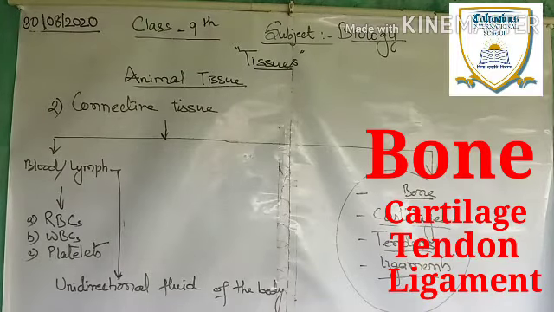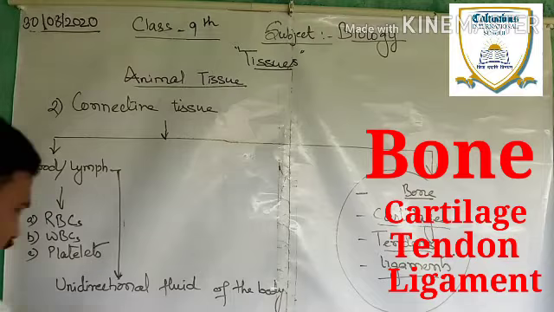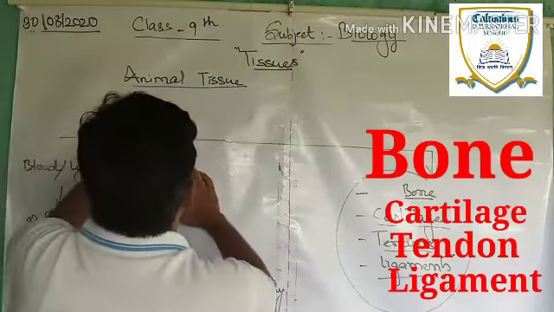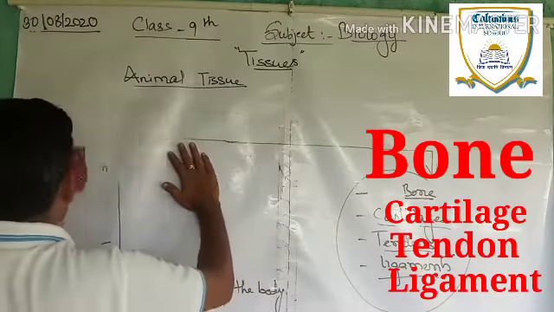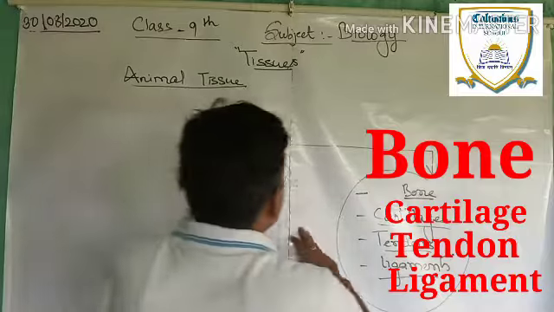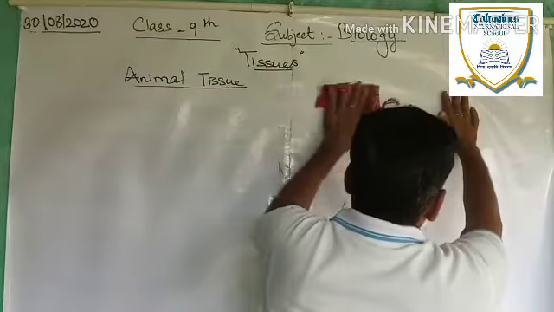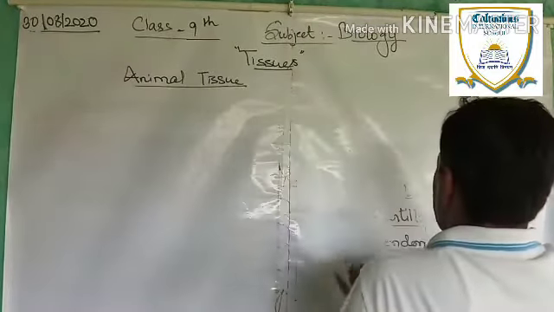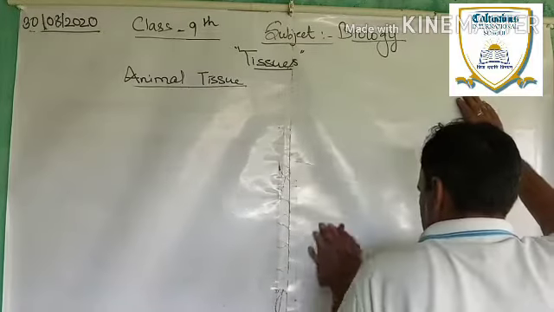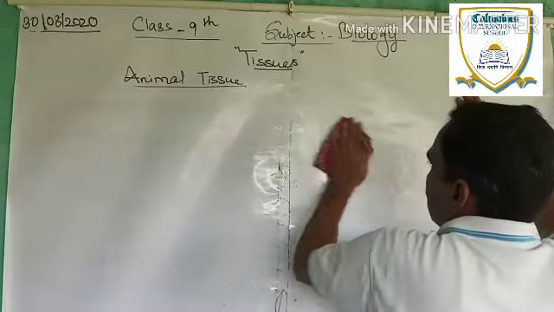tissue is muscular tissue. Next tissue is muscular tissue. Again, the muscles as well as the bones together constitute the skeleton system.